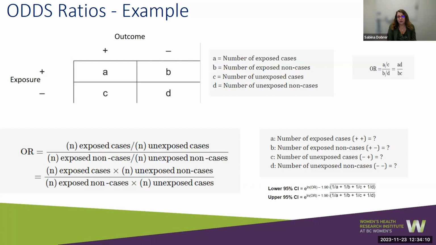So basically, if you're running a logistic regression with your outcome Y and your exposure X, by using this formula and the natural logarithm of the odds ratio, you can calculate the confidence interval.